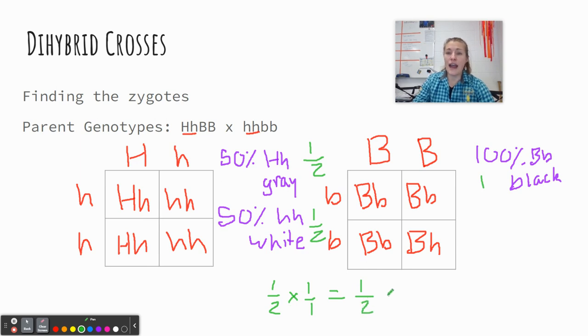So I have half or 50% chance of having a rabbit that is gray with black eyes. Same thing for my white rabbit. So I have half times 1, half of a chance or 50% chance of having a rabbit that is white with black eyes. That is all we do.